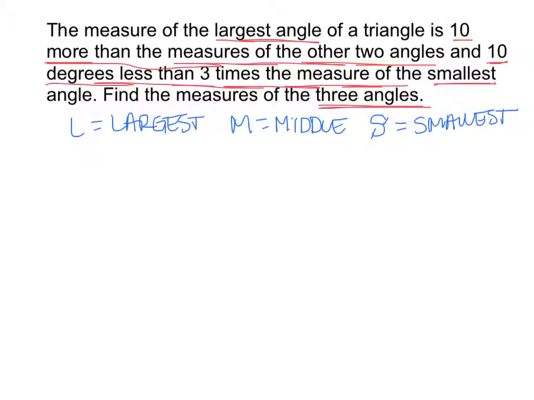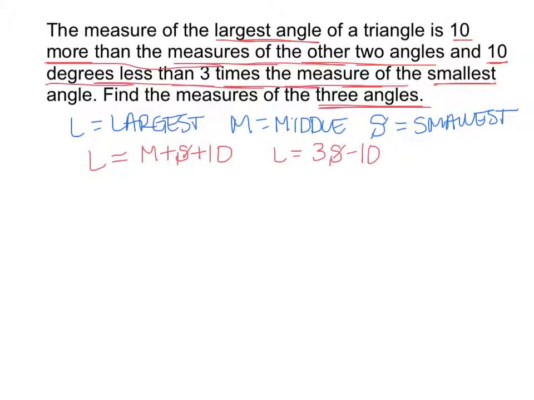I'm going to start out with the first piece of information that I was given. It says that the largest angle is 10 more than the other two angles. So the largest angle is the medium and the smaller one, and 10. Okay? Then it also says that that large angle is 10 degrees less than 3 times the measure of the smallest angle. So the large is 10 less than 3 times the small.